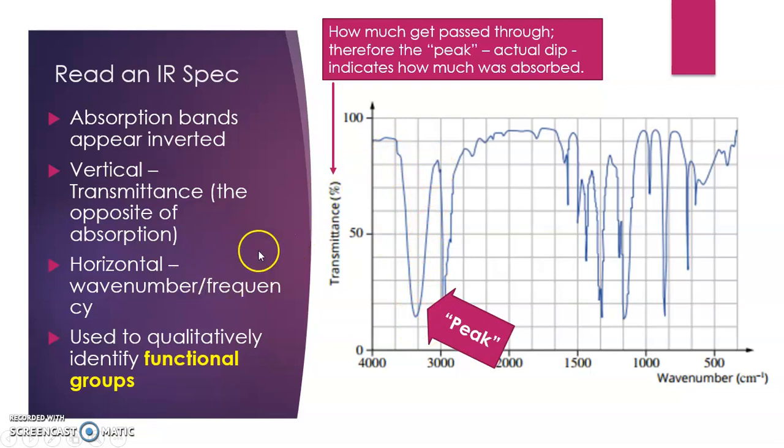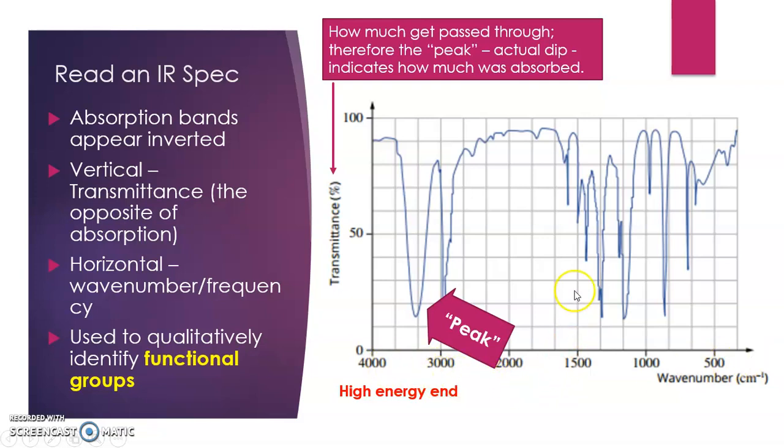Okay. The horizontal axis gives us the wave number. It's a little bit counterintuitive because the larger wave numbers are on the left-hand side, and it decreases as we go along towards the other end of the x-axis. Okay?